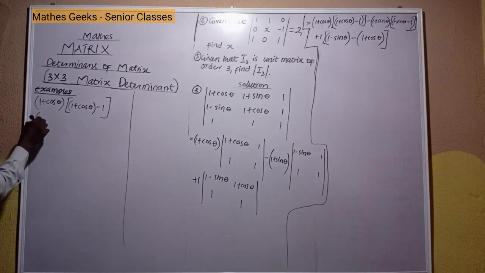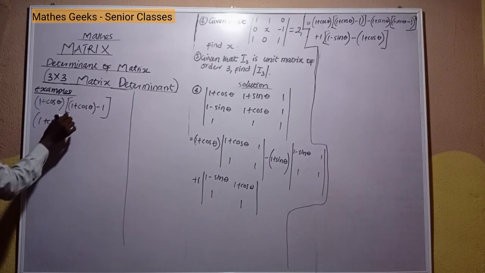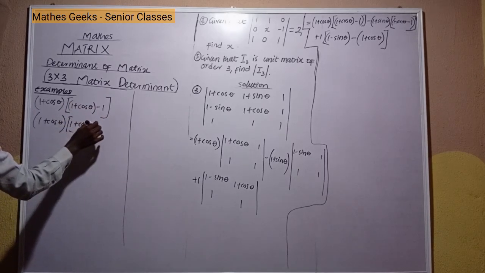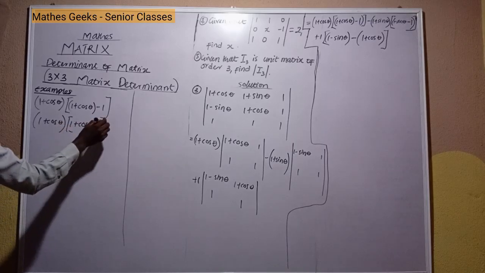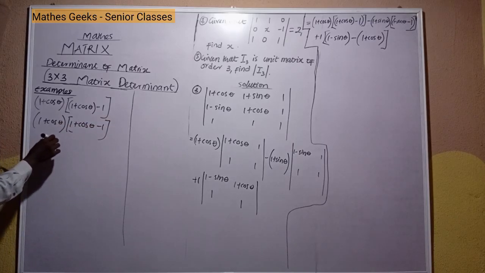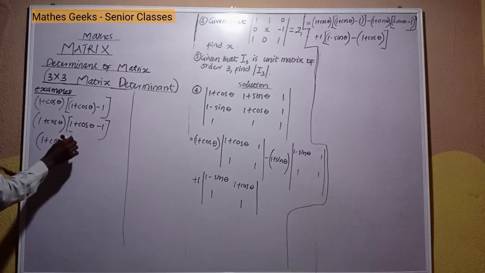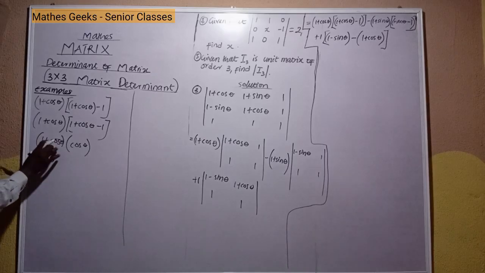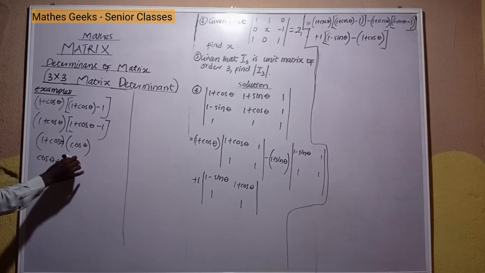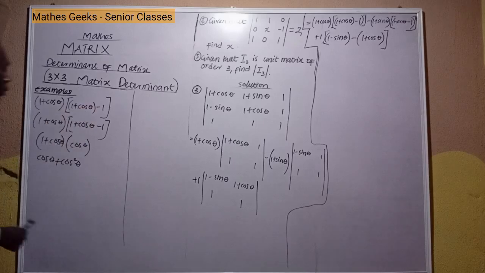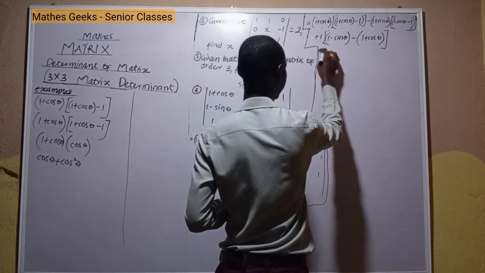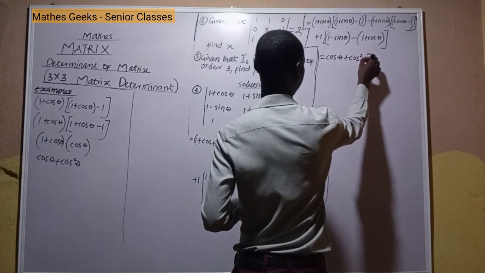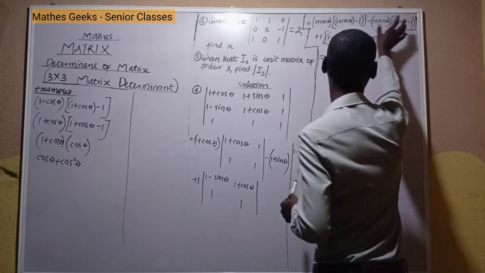So this will give us 1 plus cos theta. Let's open this bracket: 1 plus cos theta minus 1 plus 1 minus 1 will eliminate. We have 1 plus cos theta times cos theta. So 1 times cos theta will give us cos theta. Cos theta times cos theta will give us plus cos squared theta. So the simplification of this equals cos theta plus cos squared theta.